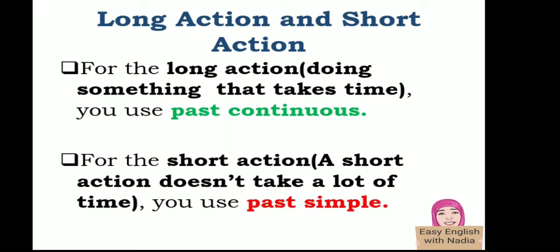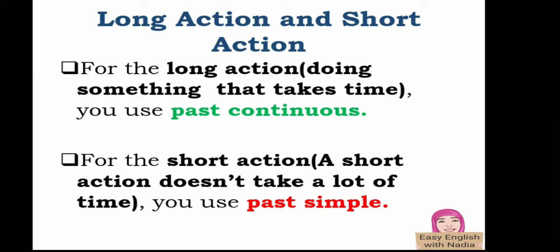For the long action, which means doing something that takes time, you use the past continuous. For the short action, a short action doesn't take a lot of time, so we use the past simple. So for long actions, past continuous.